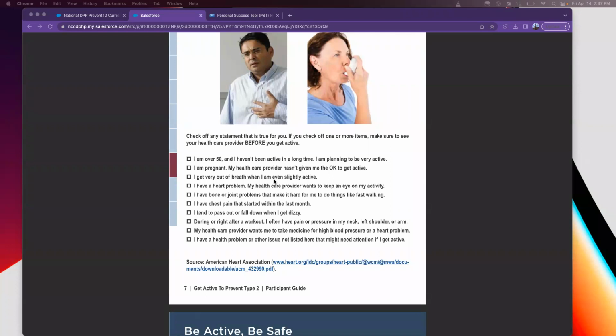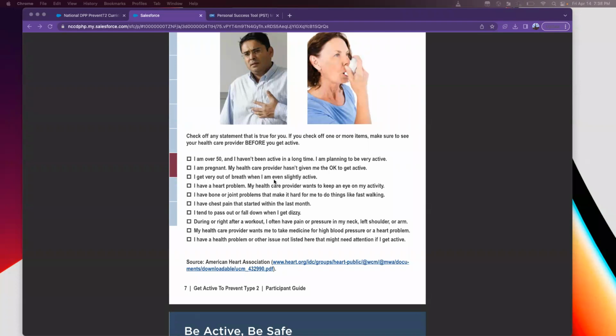I tend to pass out or fall down when I get dizzy. During or right after a workout, I often have pain or pressure in my neck, left shoulder, or arm. My healthcare provider wants me to take medicine for high blood pressure or a heart problem. I have a health problem or other issues not listed here that might need attention if I get active.